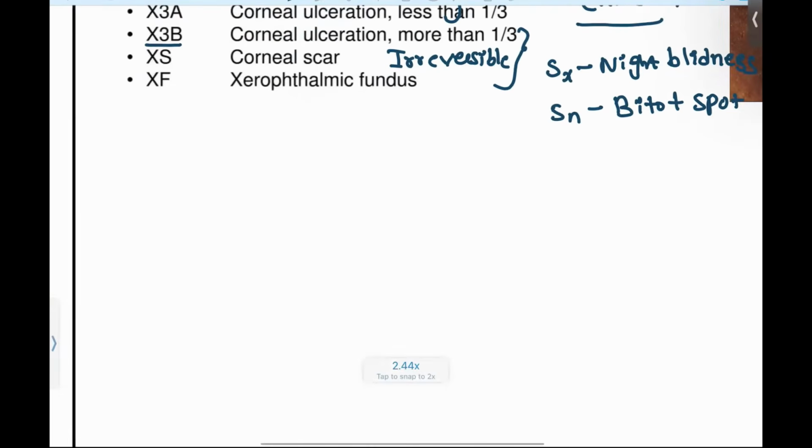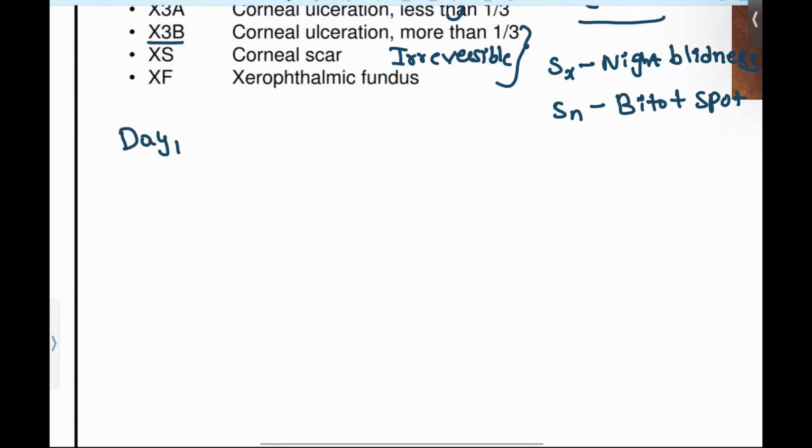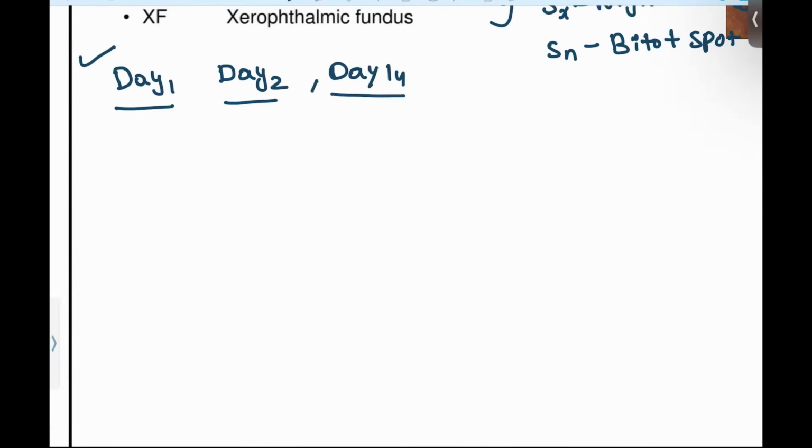How to intervene? What is the treatment that we are going to give this patient? On day 1 you have to give the vitamin A dosage, on day 2 you have to give the vitamin A dosage, and on day 14. This is how you proceed with vitamin A dosage. And what is the dosage? For a patient less than 6 months, give 50K international units.